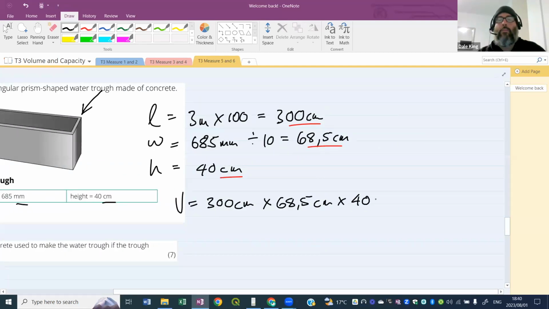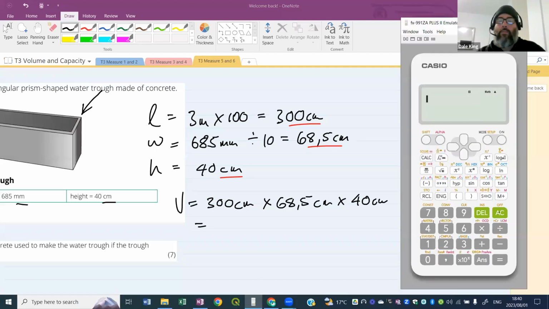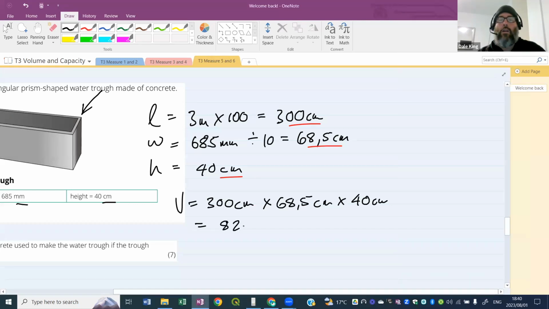After getting your answer, which is 822,000, you go back to 1 liter equals 1,000 centimeters cubed. We're going to do a cross multiplication, where like terms go together.